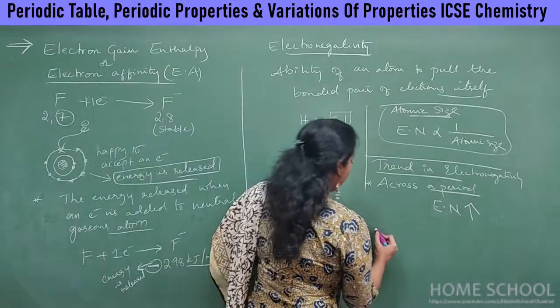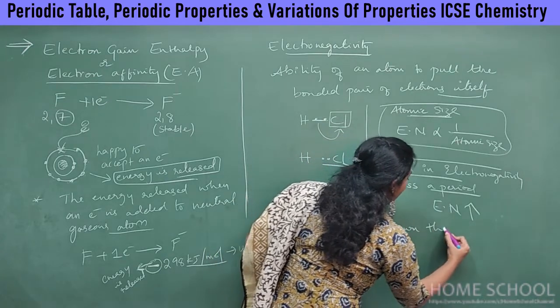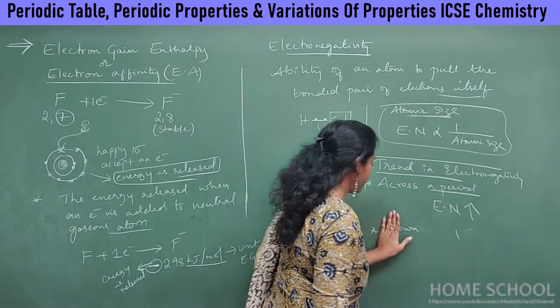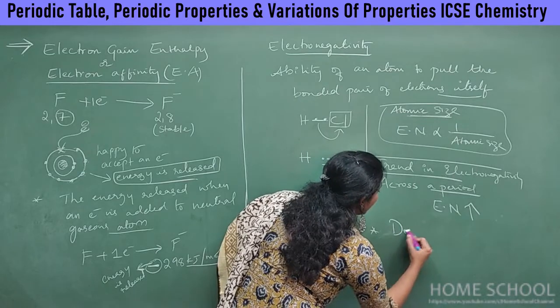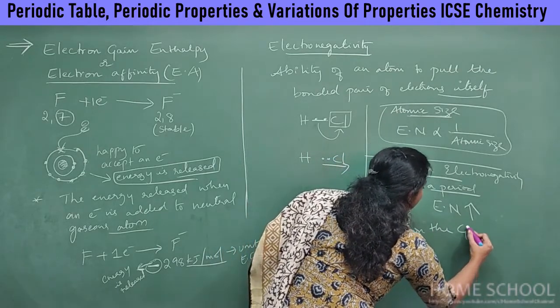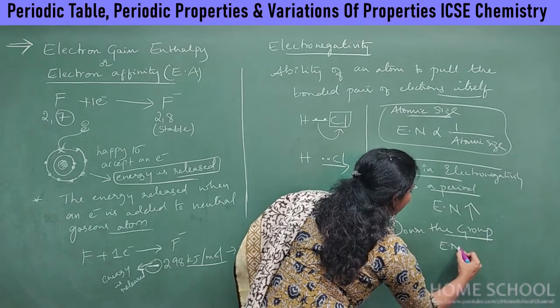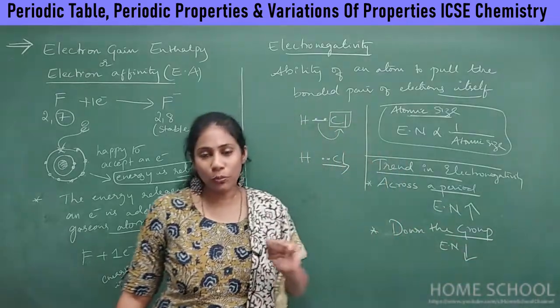Next point, down the group. What do you observe when you go from top to bottom here? The electronegativity decreases, isn't it? Why? Because atomic size will increase from top to bottom.